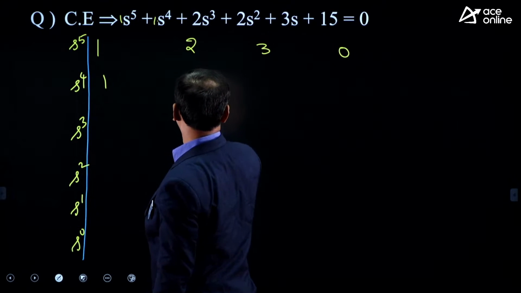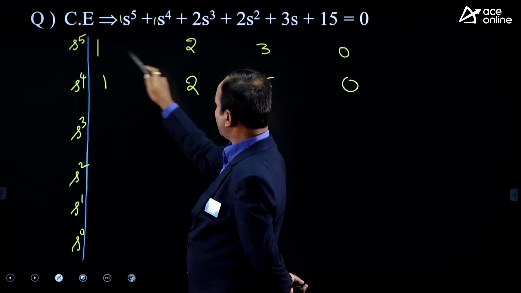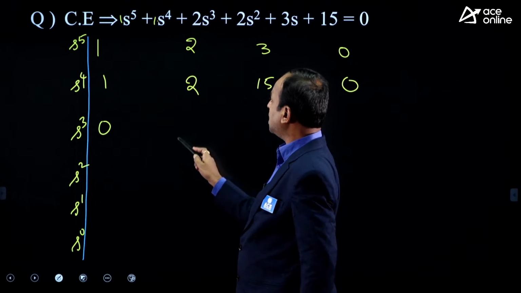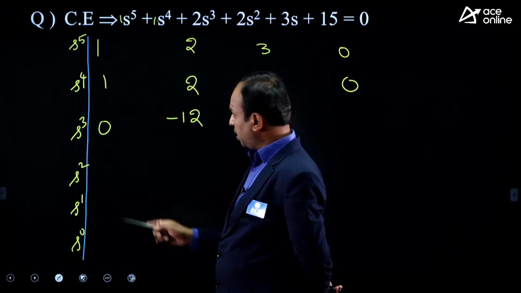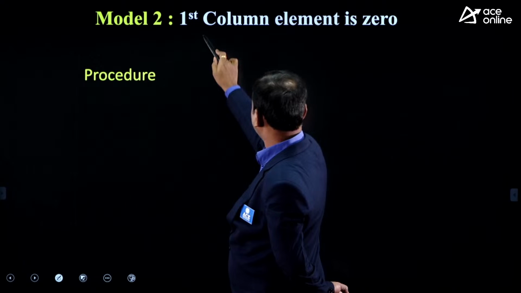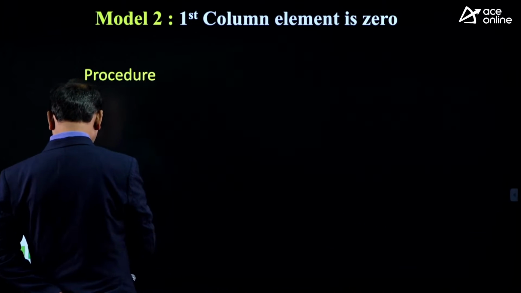Next after 1, 2, this is 15, 0 here. So 2 minus 2 is 0. Now 3 minus 15, that is minus 12. Here we got the first element is 0. The first column element is 0. What to do? Use the epsilon series. What is the series? Now step number 1.